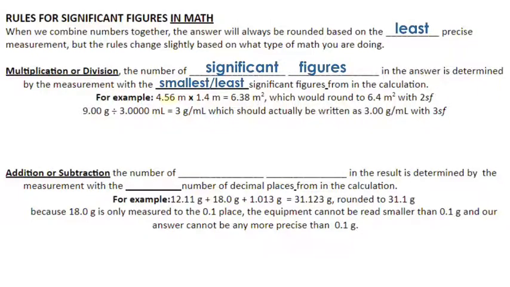I took 4.56, which is a 3 SigFig number, multiplied it by 1.4, which is a 2 SigFig number, and my calculator gave me this answer, 6.38. But because the least number of significant figures from the numbers that I put together was 2, I need to round this answer so that it just has 2 significant figures.